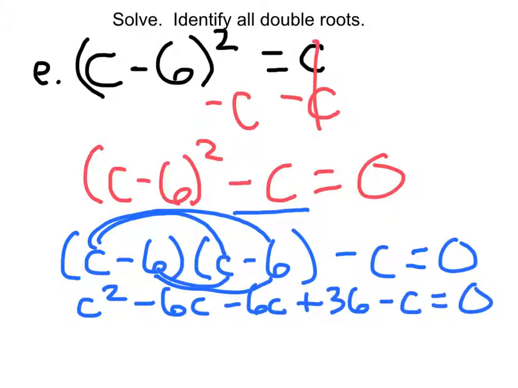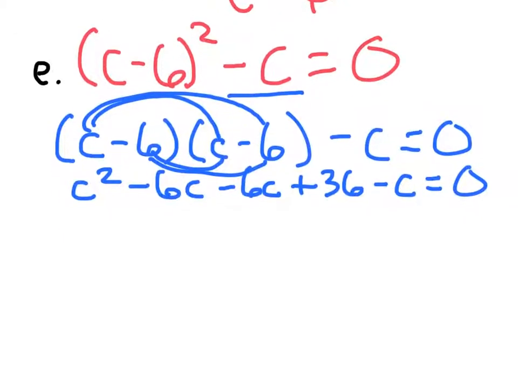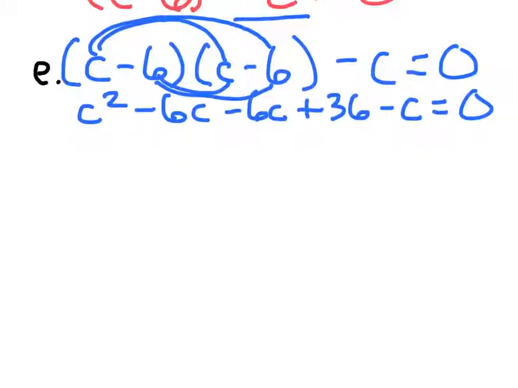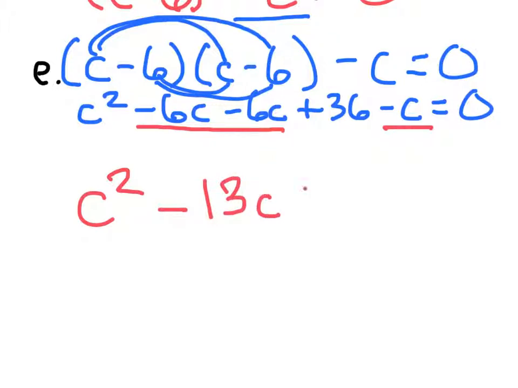Okay, so now I have it multiplied out, and now I just need to combine like terms. So the like terms I have here are these two negative 6c's and this negative c. So I would get c squared minus 13c plus 36 equals 0.